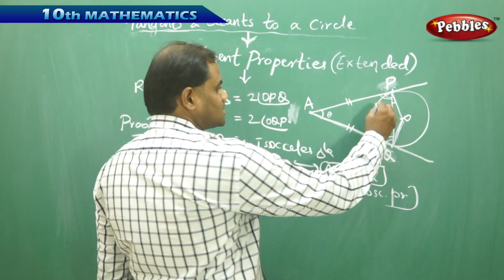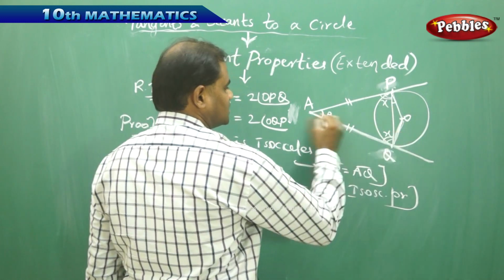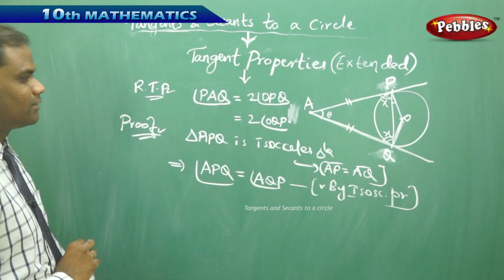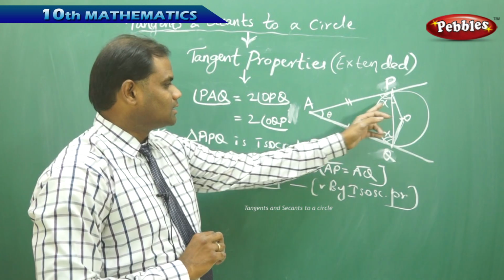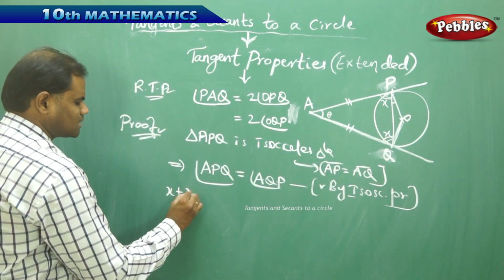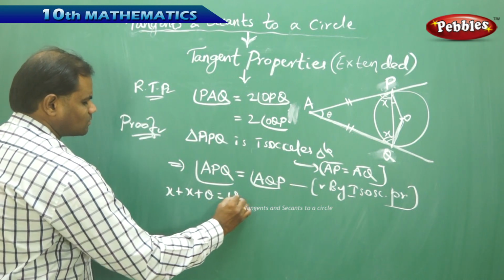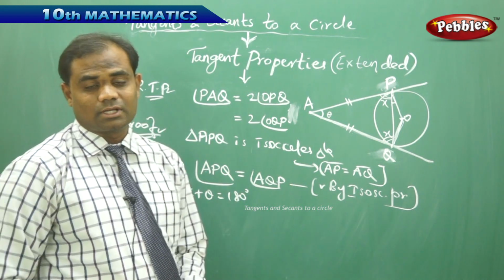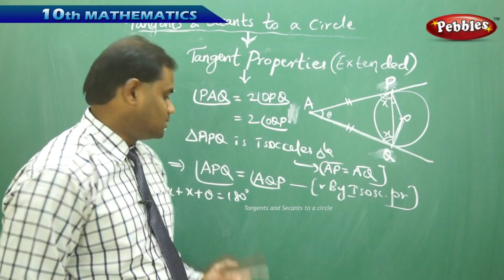So if I take this as x and theta, then if this angle is theta, this is x and this is x, then x plus x plus theta is 180 degrees, because the sum of three angles in a triangle is 180.